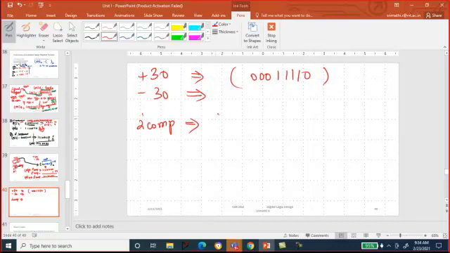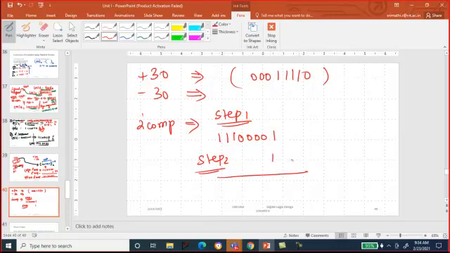What is the procedure? Step 1, invert all zeros to 1 and ones to 0. This is the 1's complement. What about step 2?